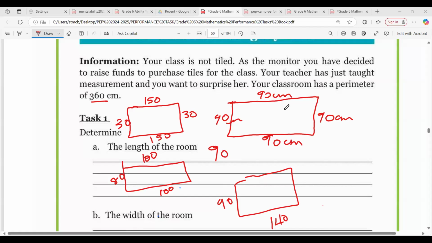So we're going to add, right? Because the four sides, opposite sides are equal. So 140 plus 140 and then 90 plus 90. Oh no, hold on. I took the wrong something. Hold on, guys.